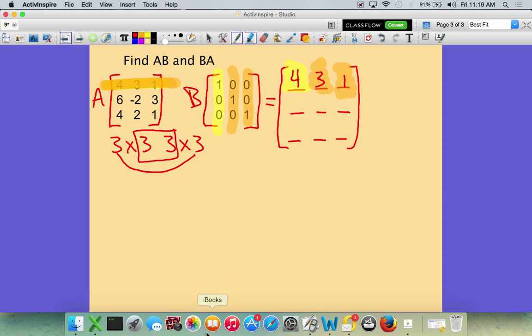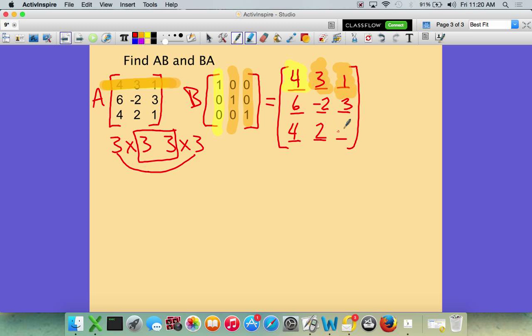Look at our first row of matrix A and of our answer. It's the exact same thing. Will that pattern hold? For this, it actually does. If we were to come down here and find this spot, we'd take row 2 times column 1. So 6 times 1 is 6, plus 0, plus 0. There's our 6. This pattern is going to repeat itself.